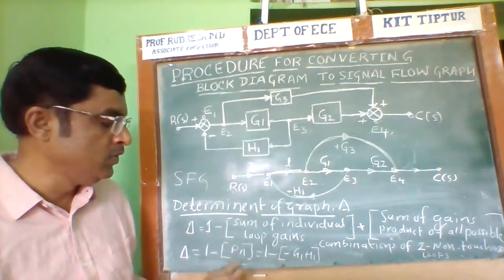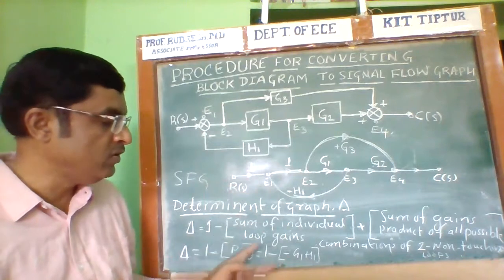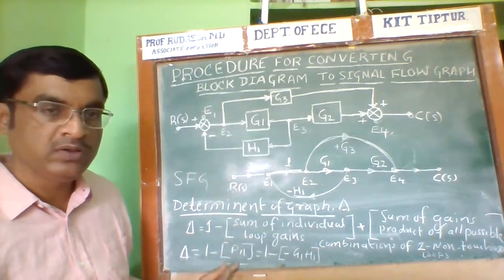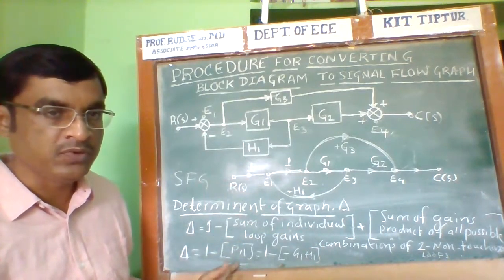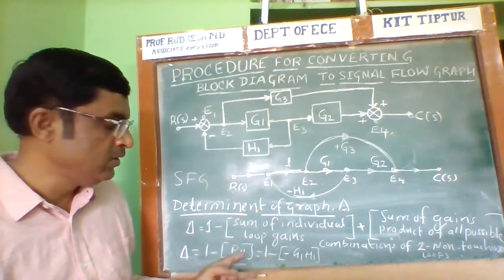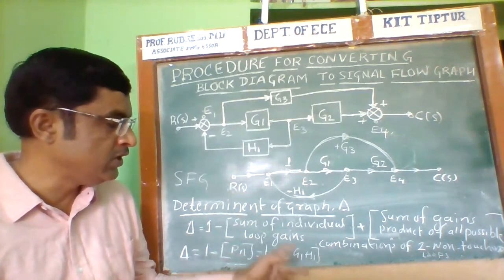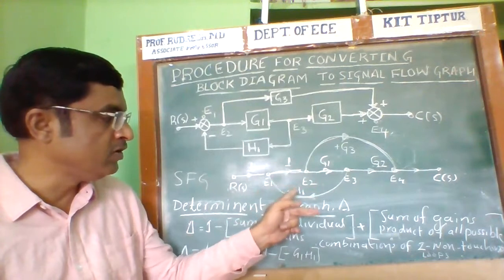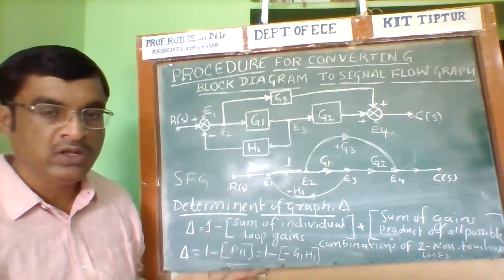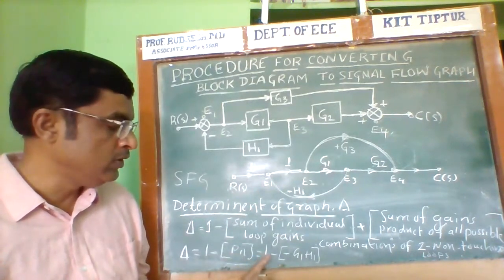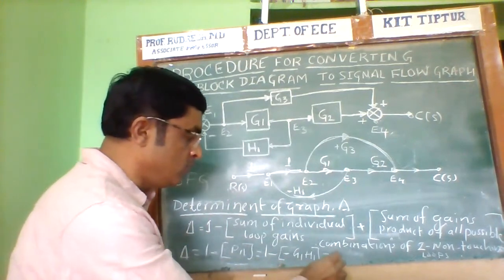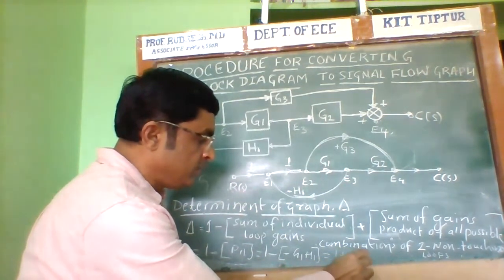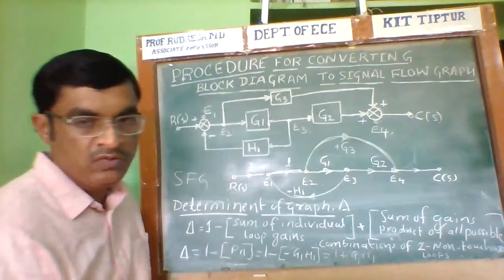There is only one loop and no other loop. So 1 minus the loop gain, which is minus H1 into G1, is equal to 1 plus G1 into H1.